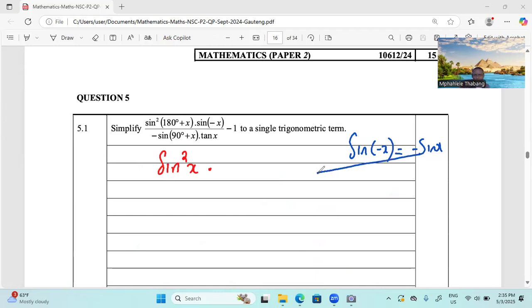I'm going to look at a different approach now. You can ask yourself this question: in which quadrant is negative x? All angles that are between 0 and 90 are in the first quadrant. Those are positive angles between 0 and 90.